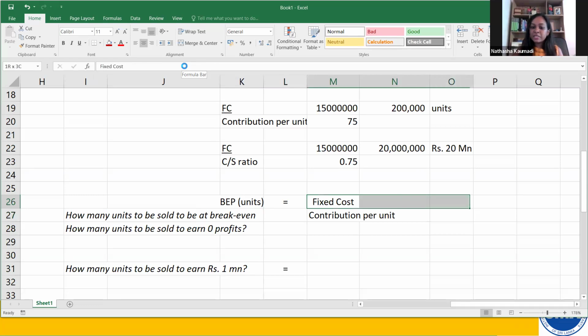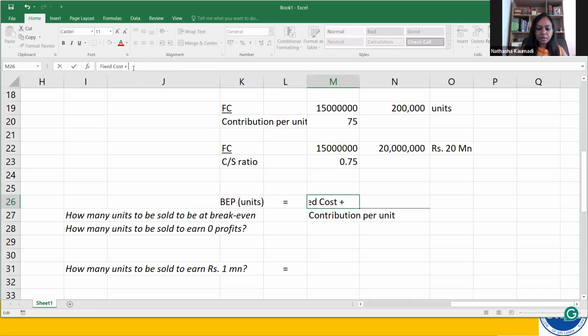That means how many units to be sold to earn 0 profits. When we were writing this original formula, we were talking about 0 profit. That profit figure was here actually: fixed cost plus profits, that means the target profit. It was here, right?